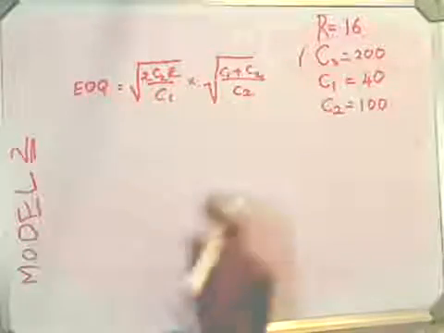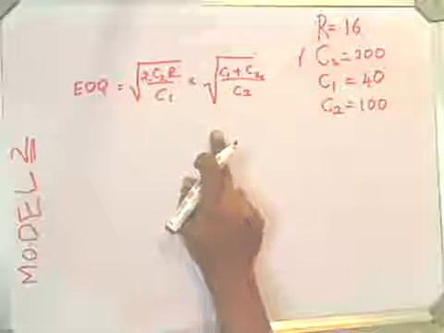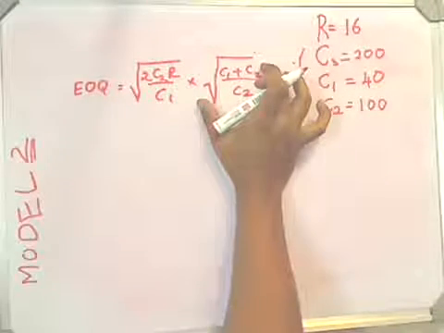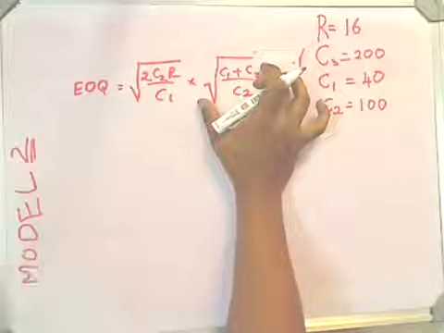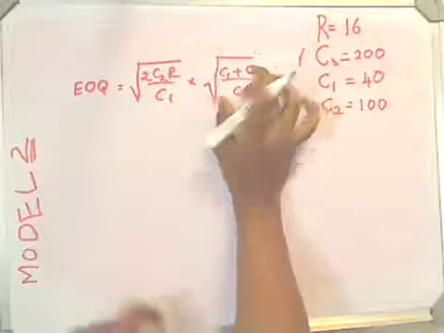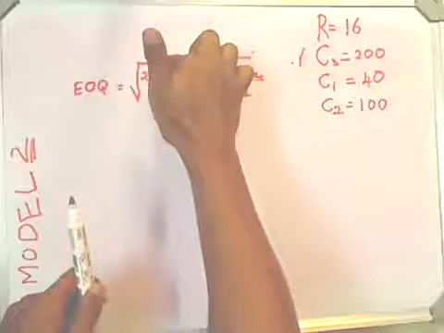This extra bit of formula would be used in case of model number 2. If it's just model number 1, you can ignore all this.